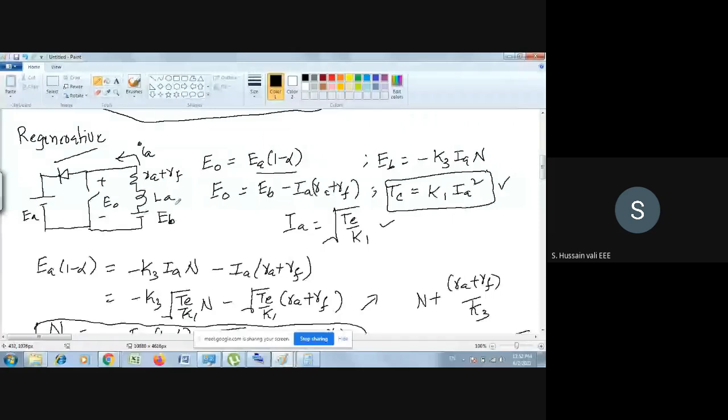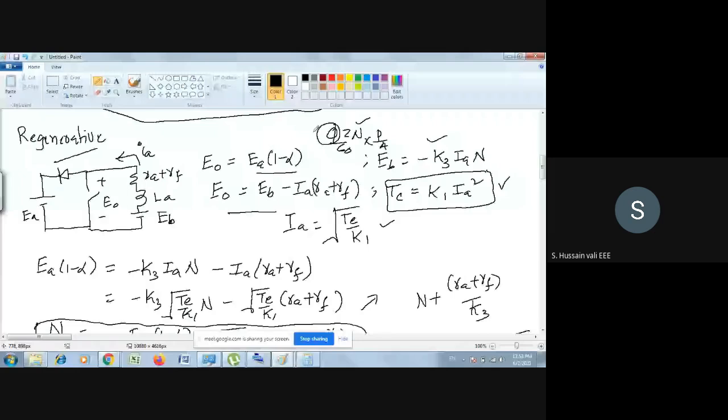EB is equal to E naught plus IA. So the equation which I have written here. Then after that, what is EB? EB here is by the into 60 into P by A, so this remains same. So N, rotation, does not change. So phi value here now it gets reversed. Why it gets reversed?